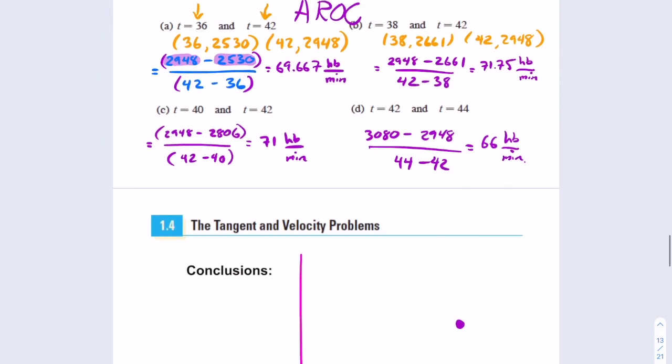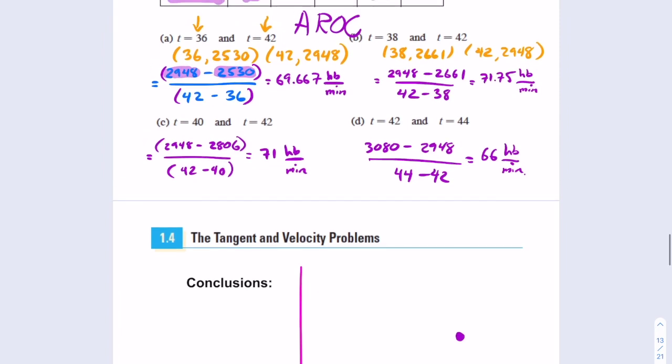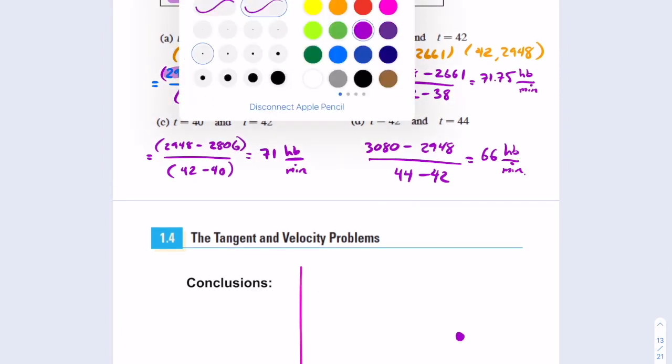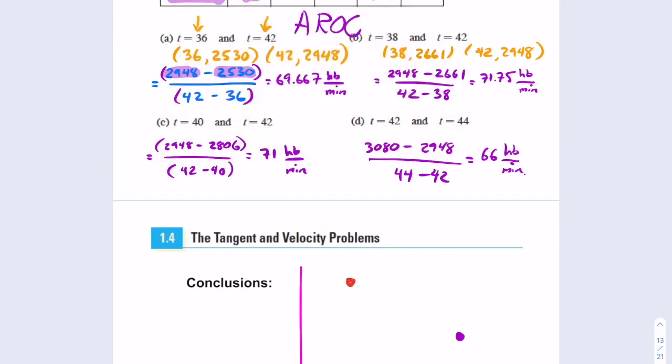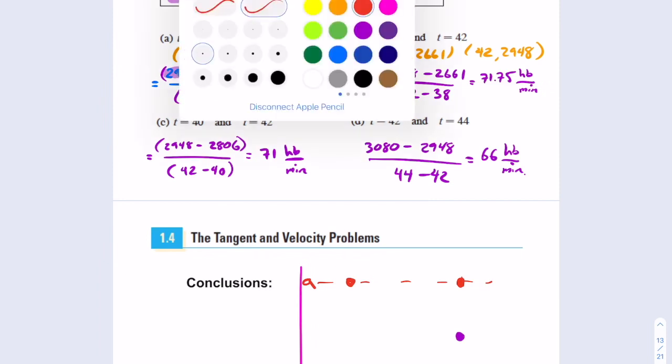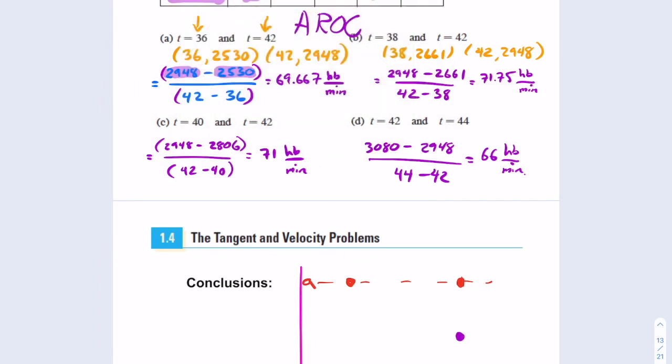In part A, I used the 36-minute and the 42nd minute mark. In part B, I used 38 minutes and 42 minutes.